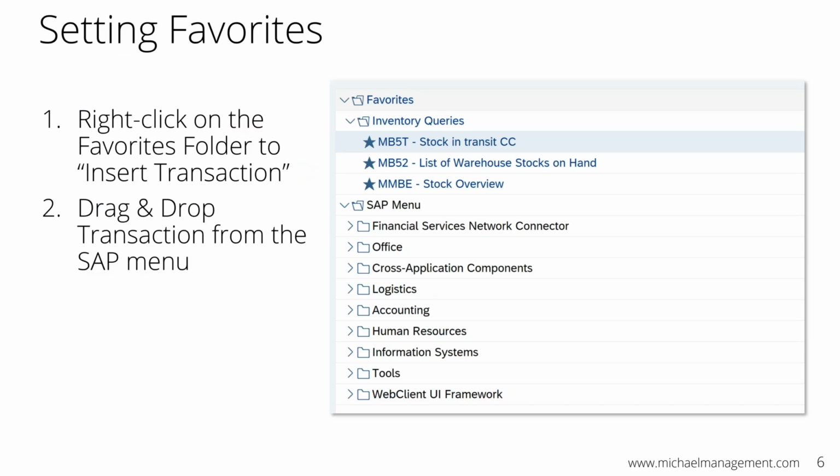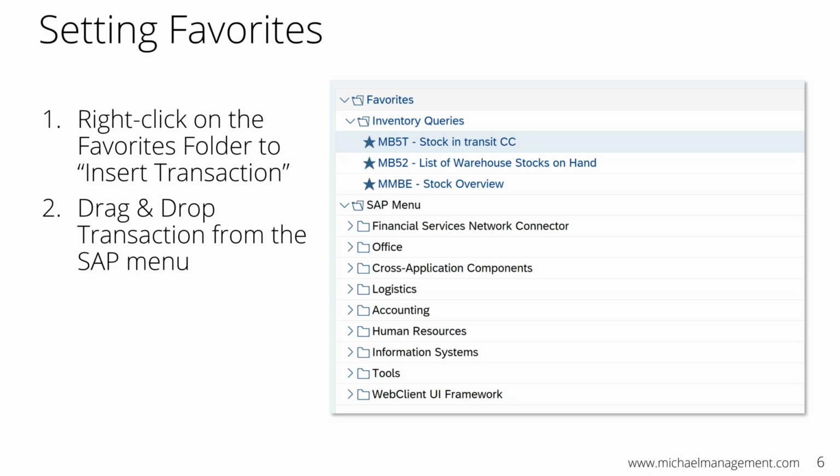We also want to point out that you can set some favorites. If you're very new to SAP and you're just trying to learn some basic navigation or some commonly used transactions, and you want to keep those at your fingertips, we recommend you set those in your favorites folder. You can do that by right-clicking on your favorites folder and choosing insert transaction, at which point you can type in the transaction code and save it to your favorites.